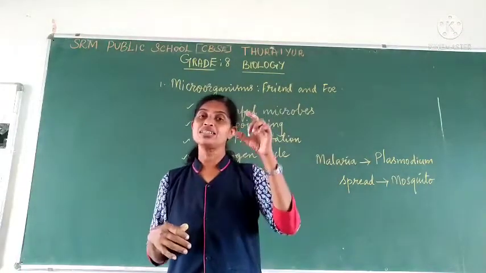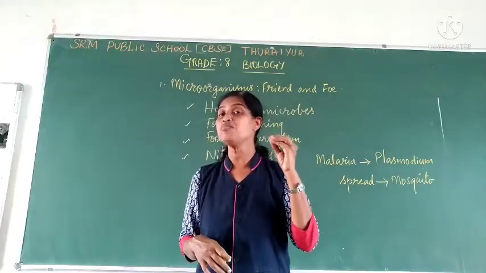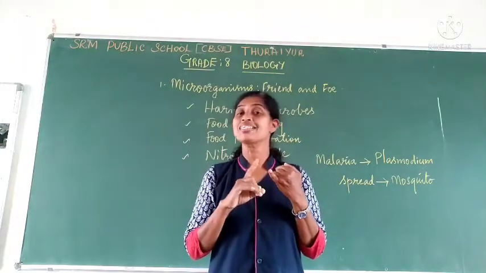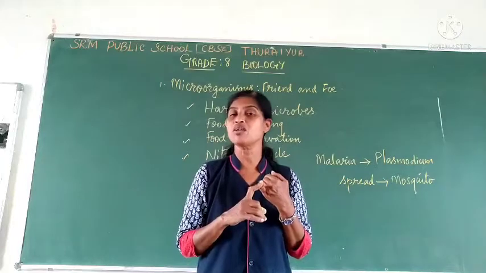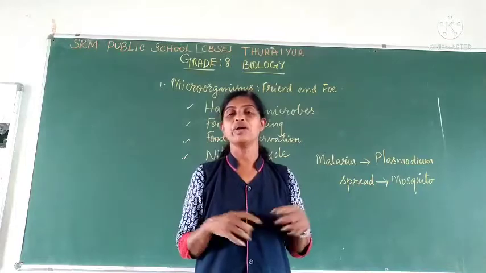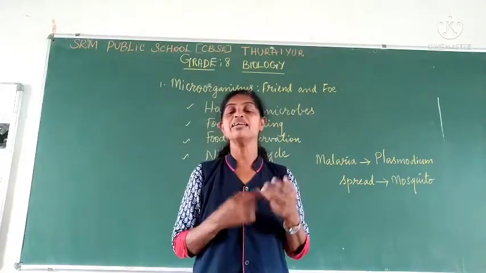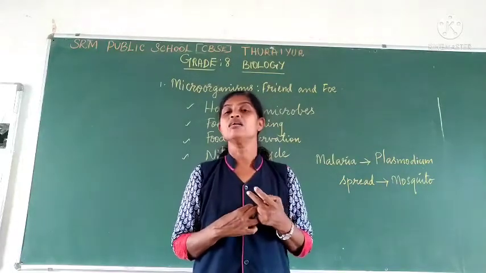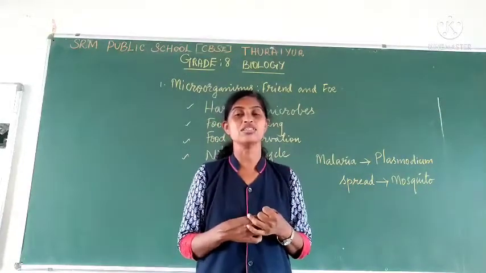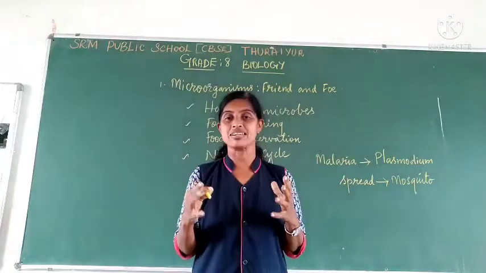Before that, I will recall some terms which we use here. One, vector. What is a vector? Disease-spreading organisms are called vectors. They are also called carriers, right? Here you can give a lot of examples, like a dog, mosquitoes, then monkeys, house flies, cockroaches, birds. These are all examples of vectors.